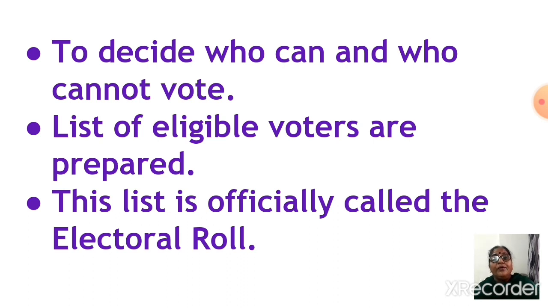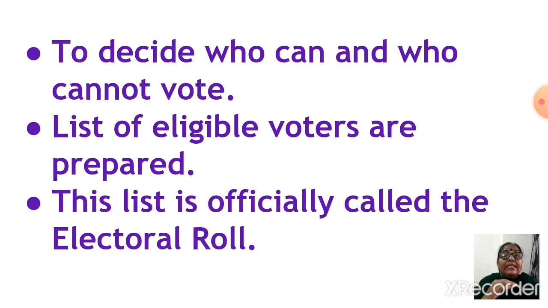In a democracy, much before the elections are held, the list of these people who are eligible to vote is prepared and it is given to everyone.